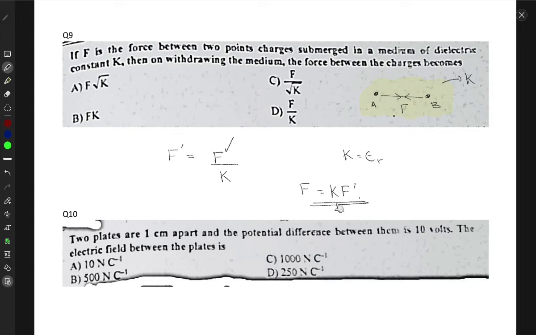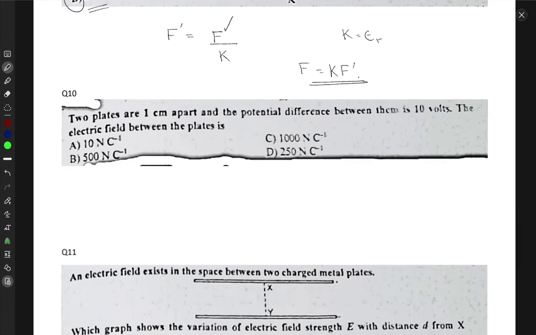Hence the force as soon as I remove the dielectric medium would be the dielectric constant K times the force that was there when the dielectric medium was placed between these 2 charges. So that's F times K. So that's correct option B.